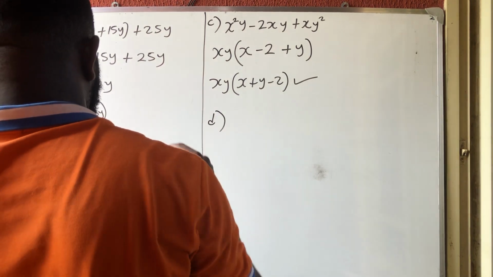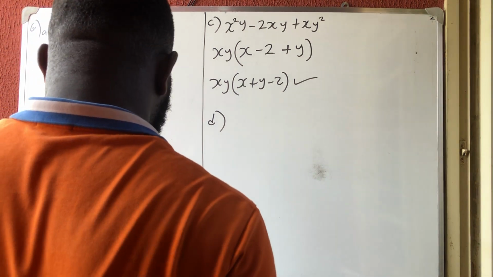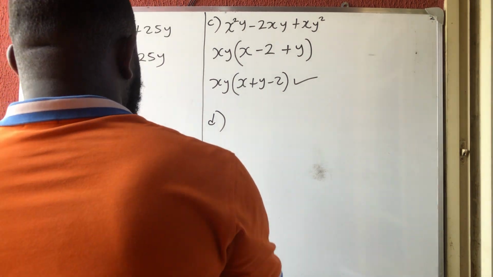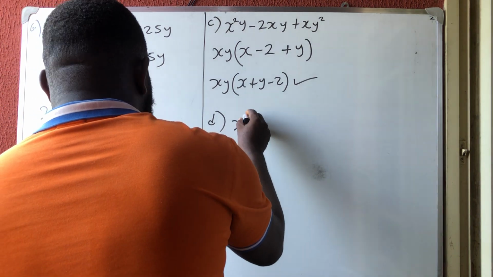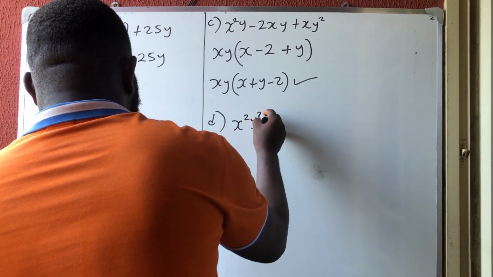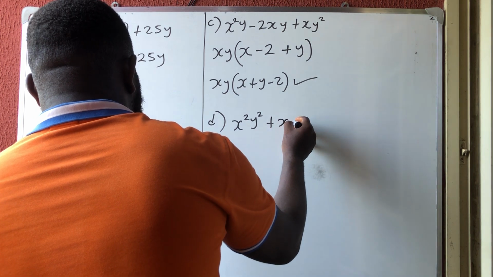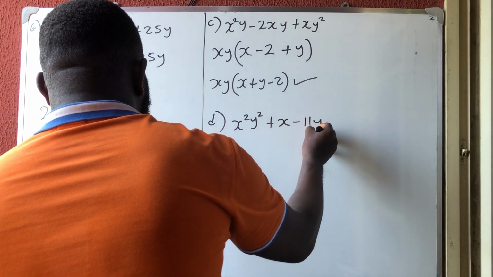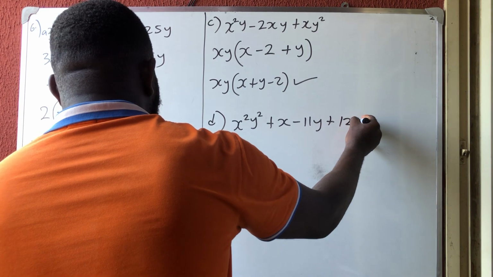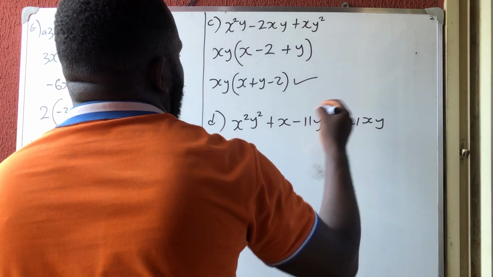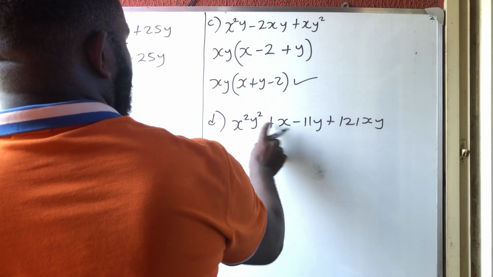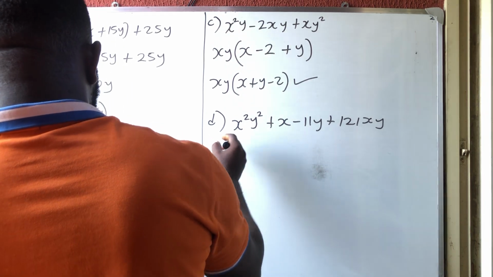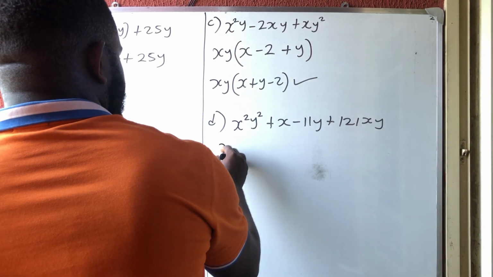Number D said x squared y squared plus x minus 11y plus 121xy. Okay, now these two, they have x in common.